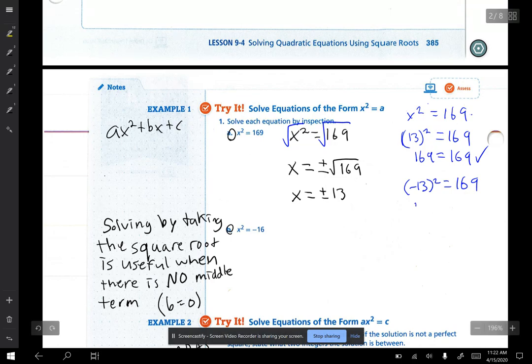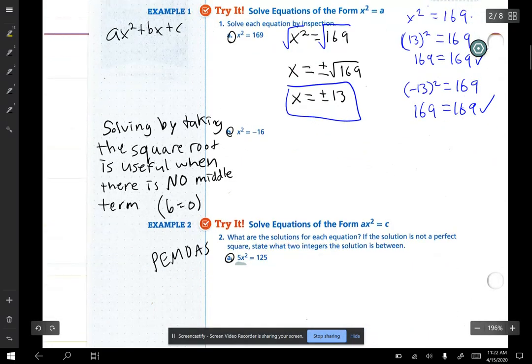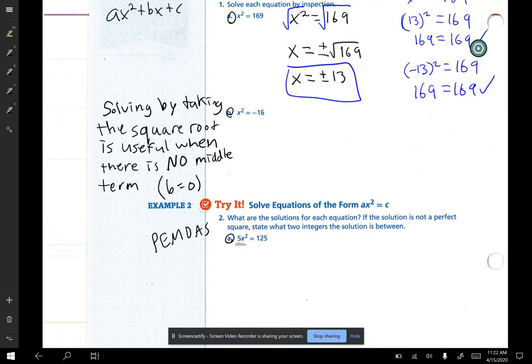A negative times a negative is also a positive. So both answers work. That's why there are plus and minus for these answers. And so please remember that when you take the square root to solve a problem, not when it's already written there, you're going to have two answers.